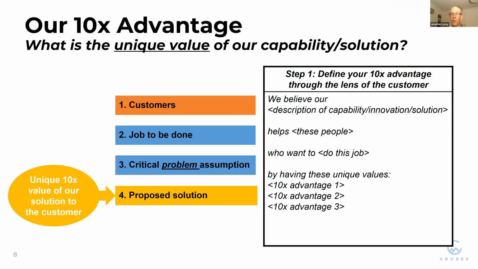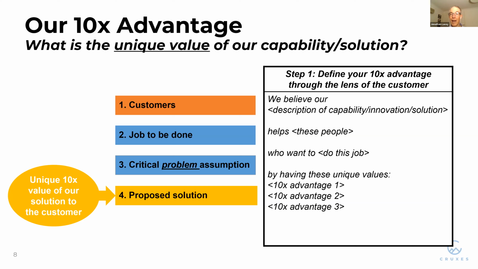And so the framework that we'd like you to have a bit of a play with this evening is this one here. If you look at the box on the right-hand side, what we're trying to do is articulate our customers, what they're trying to do, what problem they have in doing that, and what's valuable about our solution. And the framework that we're proposing that you use here is to state those things in this sentence.